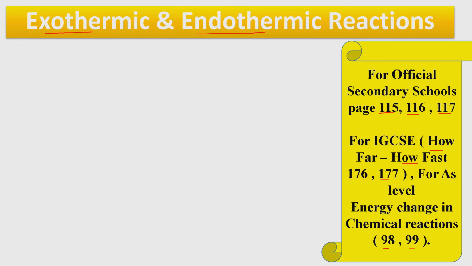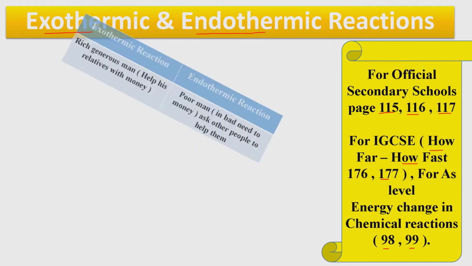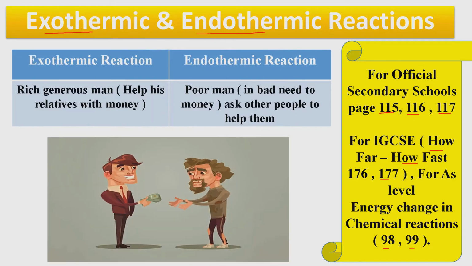Let's start. At first, we can say that the exothermic reaction is our rich, generous man. He has a lot of money and he always wants to help other people. So the exothermic reaction is the rich man. The endothermic reaction, we can say, is the poor man.